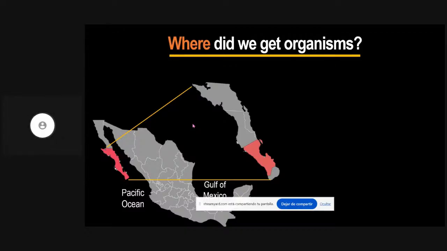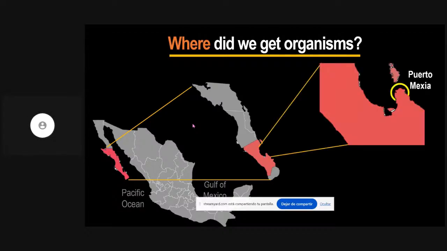Where the organisms come from: the study was performed in Mexico, and this species is distributed along the coast, starting in the Gulf of California, all across the coast to Panama. In this case, we captured individuals from La Paz in a place called Puerto Mejia.